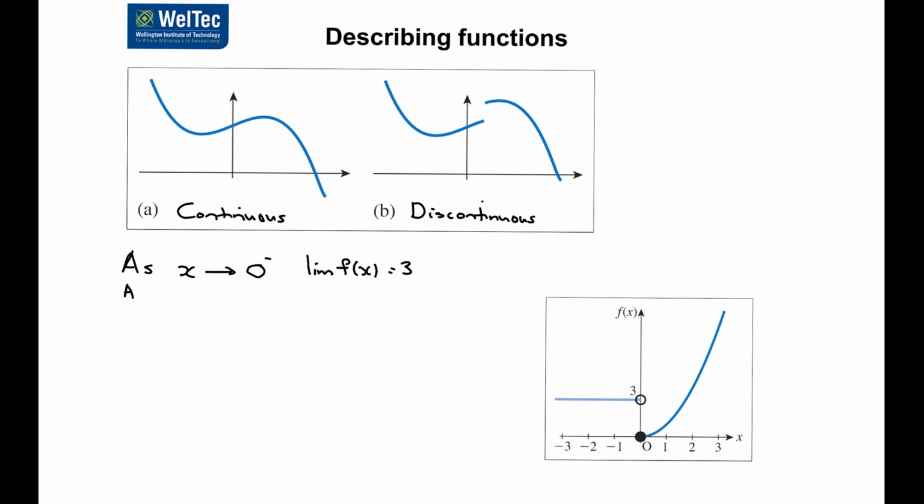But as we come in from the right, we write it like this, then the limit is actually 0. So we're coming in from the right hand side and the limit is 0. So the limits aren't equal. So that is indicative of a discontinuity there.